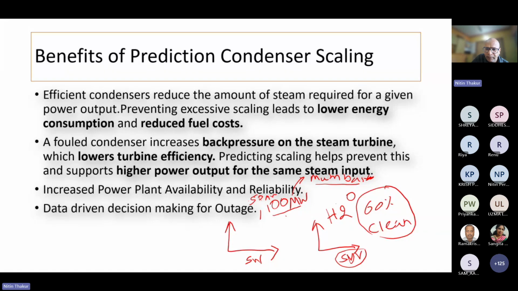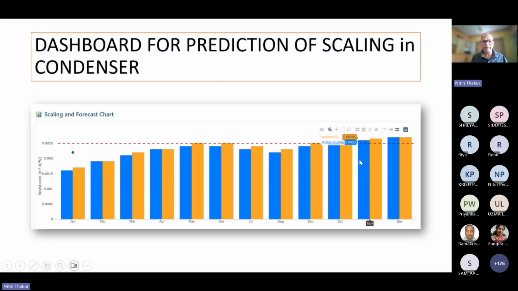In the meantime, while this cleaning is going on, I will take power plant 1 to full load capacity, 100 megawatt, and meet the needs that this plant is required to meet. So that is how the decision making became easier. And I'll just show you in the next slide what the benefit was, just to give you context here.